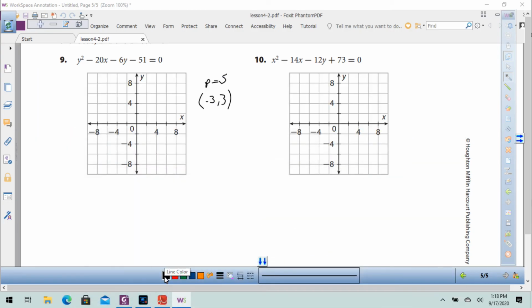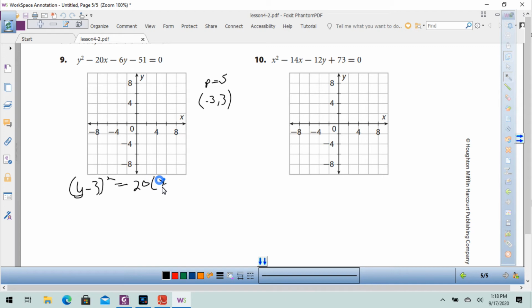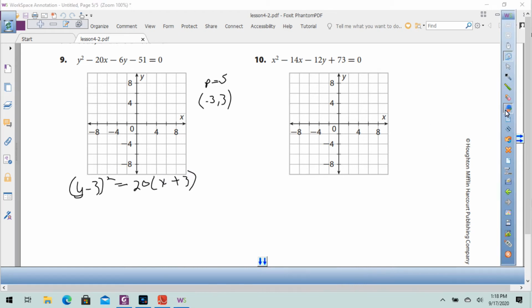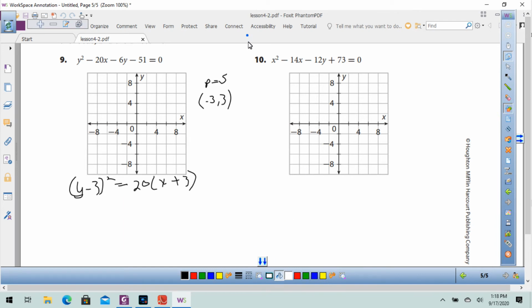And it opens to the right. So we're going to have (y minus 3) squared equals 4 times 5, that's going to give me 20 times (x minus -3), or x plus 3. There's our equation.